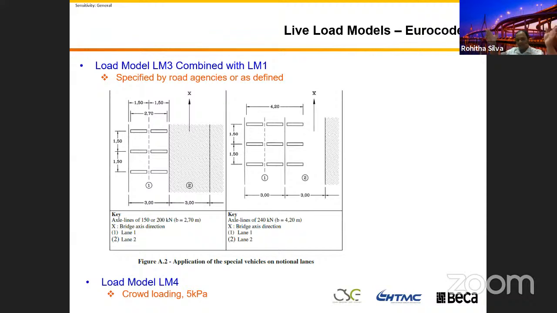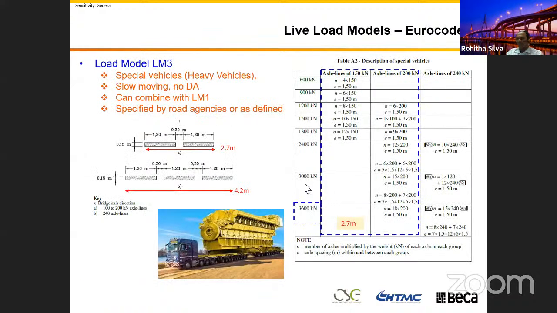You can't do that. You need to have a standard way to design that one. You specify this particular heavy vehicle, for example, 3000 kilonewton, a special vehicle, LM3. You should consider it in your design. This is my preference. You need to design your bridge for that one.